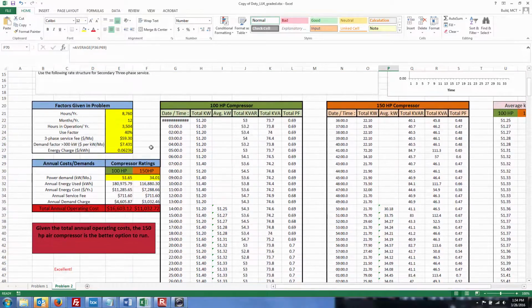That's basically where your main savings is coming from. Same hours of operation. The cost is the same. The energy charge per kilowatt hour is the same, but you're going to pay less overall, because the 150 horsepower compressor is not going to have to run as heavy. Okay, so that's it for week 4.